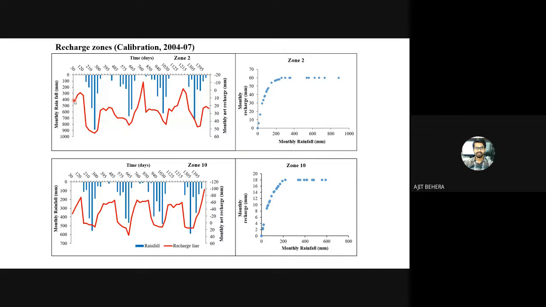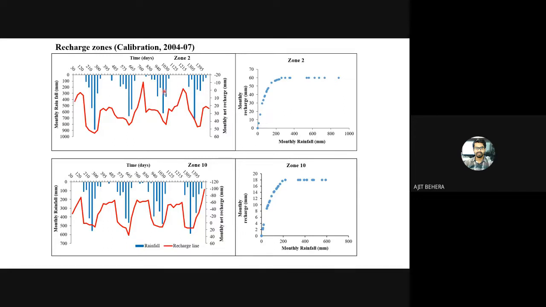Of course, rainfall is not the only recharge source. We have different recharge sources, like canals, surface water or rivers.